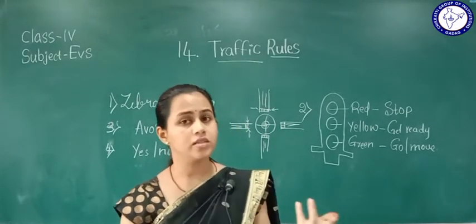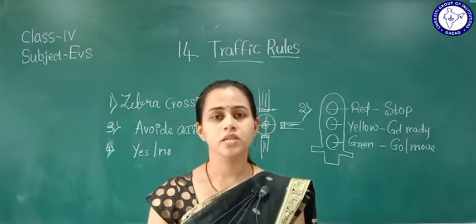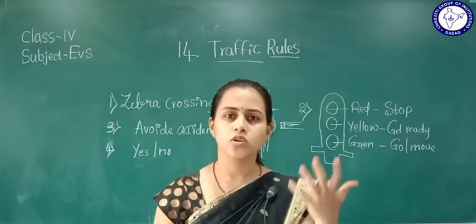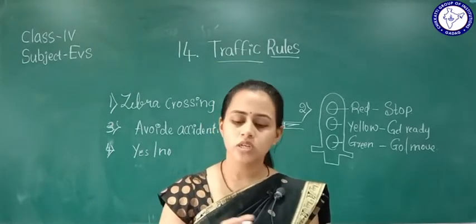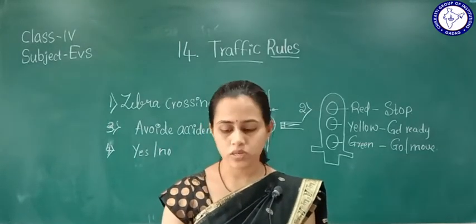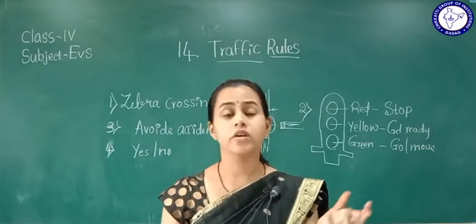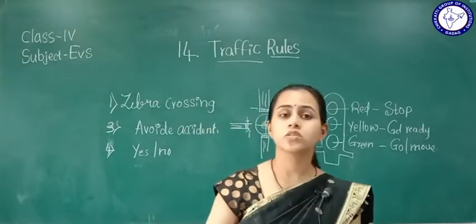The vehicles are coming. So if we are playing, what will happen? The chances of an accident, or the vehicles may hit you. So to avoid that, we should not play on the road, and we always follow the traffic rules.